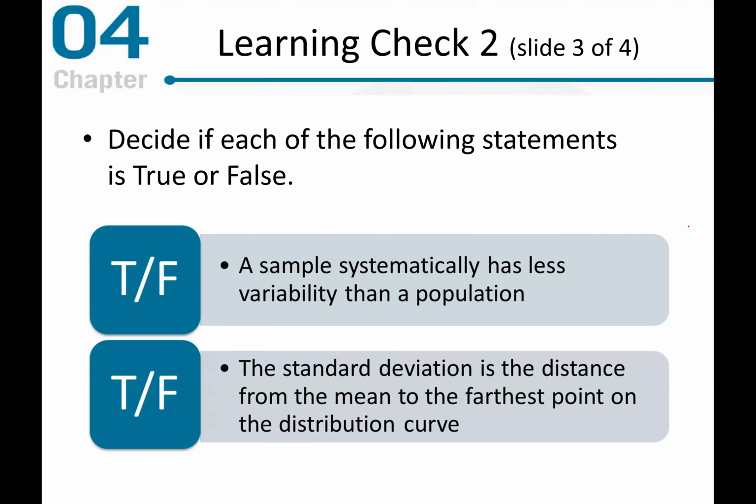All right, so decide if each of the following statements are true or false. True or false? A sample systematically has less variability than a population. Well, that is going to be true, right? Extreme scores affect the variability, but are less likely to be included in a sample.